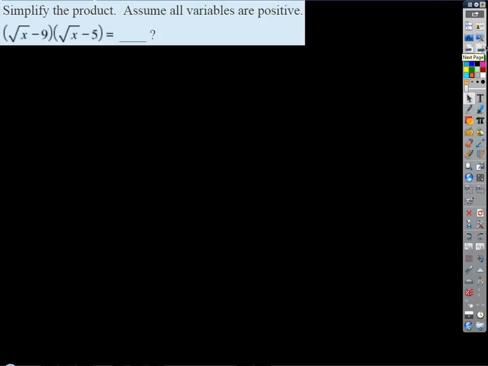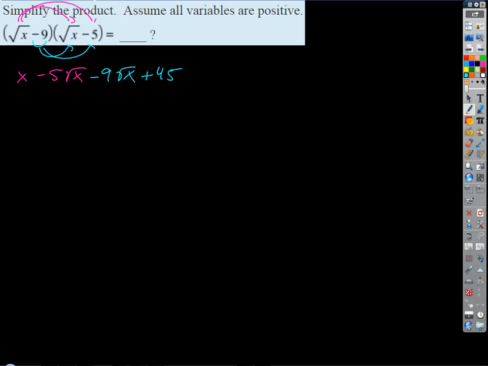Last couple, this one's actually really simple. All I'm gonna do is distribute. If I distribute the square root to both parts, what's the square root of x times the square root of x? x. Square root of x times -5 is just -5 square roots of x. What if I distribute the -9 to both? I get -9 square roots of x plus 45.